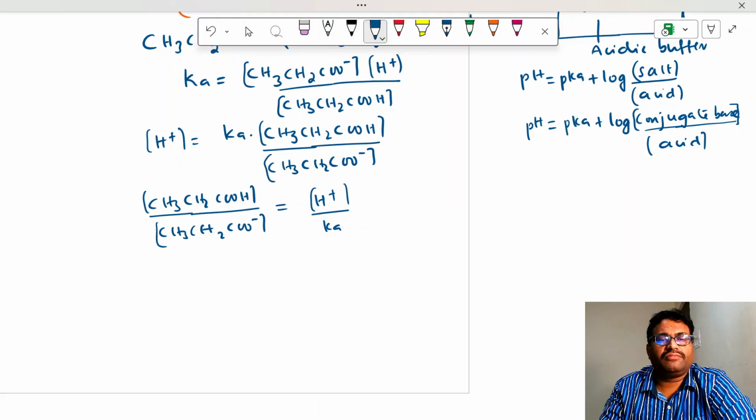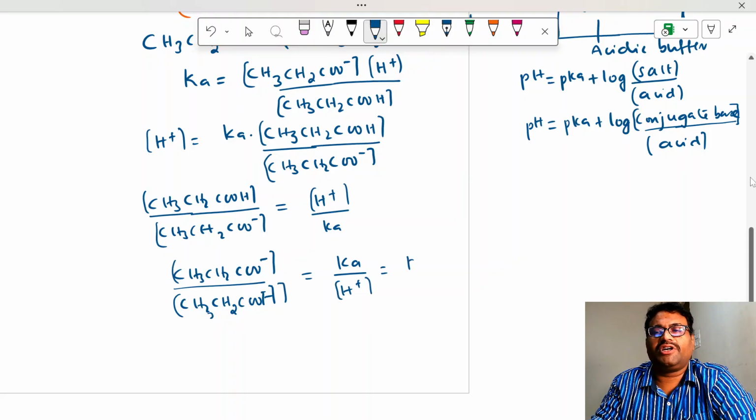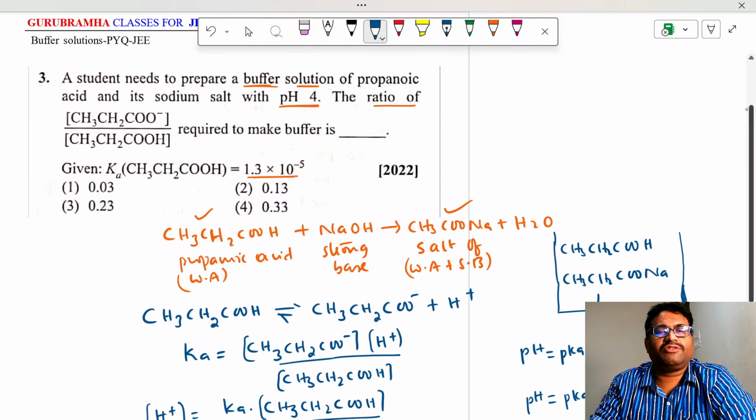Now I want the reverse of this because the question asked is in reverse: CH3CH2COO minus concentration by CH3CH2COOH concentration. Then I get Ka by H plus ion concentration. So Ka is given as 1.3 into 10 power minus 5.